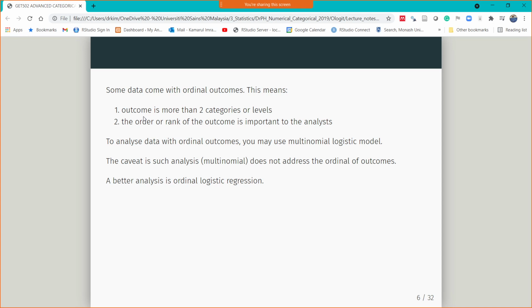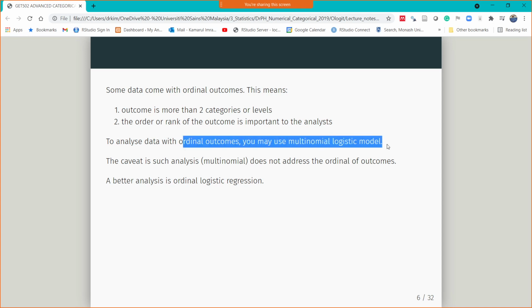But you still can use multinomial logistic regression to analyze data with ordinal outcome.